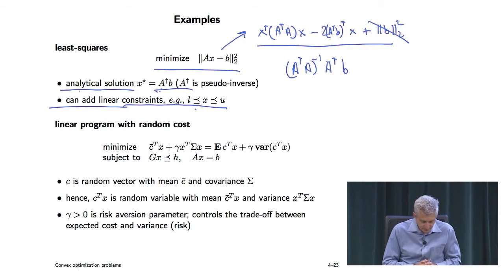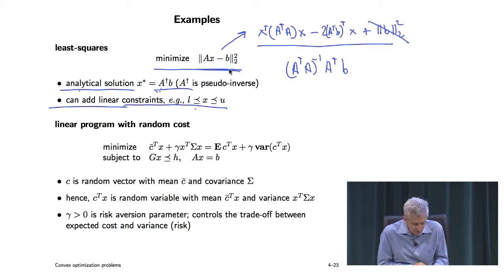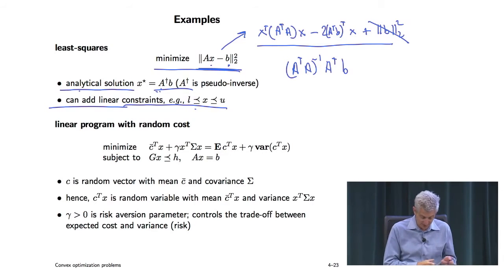Or I could say, find me the best fit where the x's have to be bigger than or equal to 0, right? So that's basically, this says, find the closest point to b in a subspace. If I constrain x to be bigger than or equal to 0, it says find me the closest point to b in a convex cone, which is A times x, where x is bigger than or equal to 0.